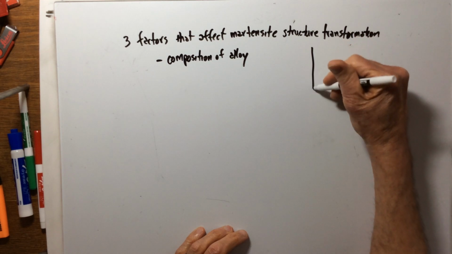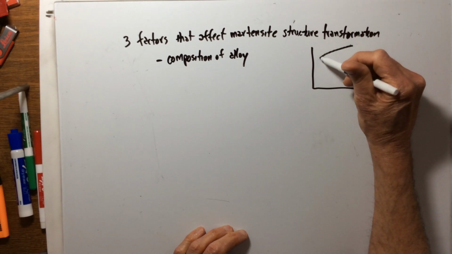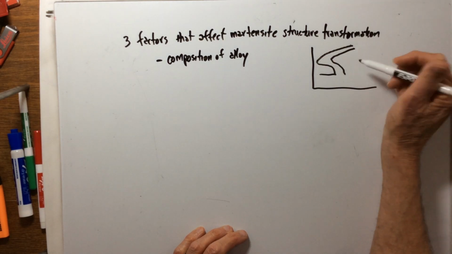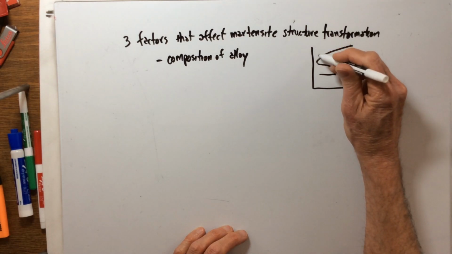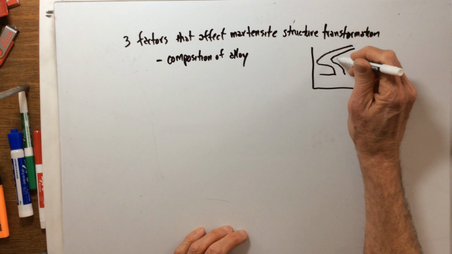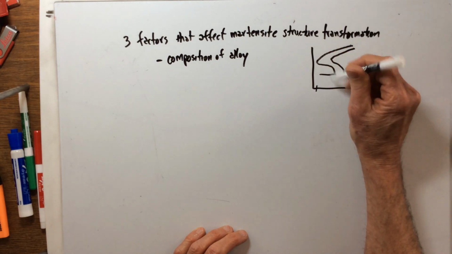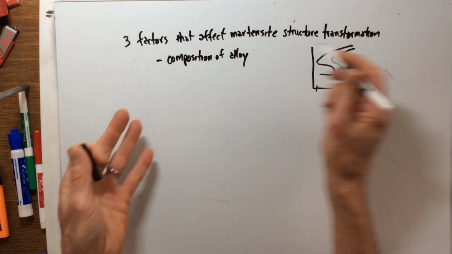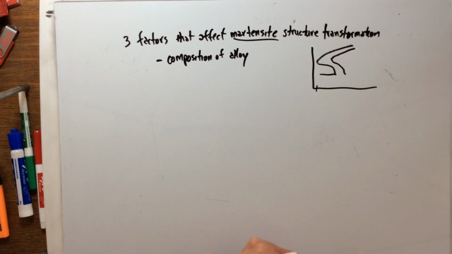For instance, just an abbreviated thing, you could have a diagram something like this. Where this nose is so close, it's almost impossible to go through here and not get one of these products, if not all of them, because the time would be so small here. So again, that affects the composition. That affects whether or not you can get martensitic structure, either part or full martensitic formation or transformation. Okay.